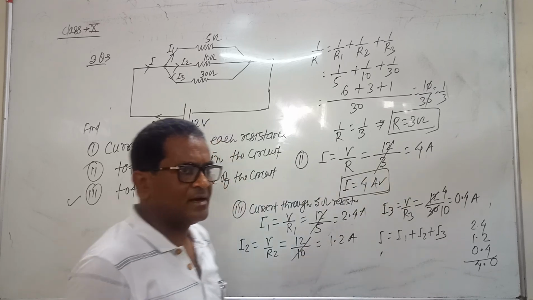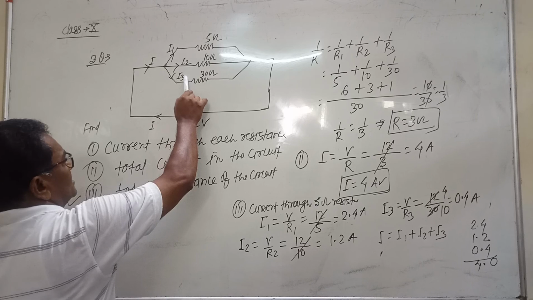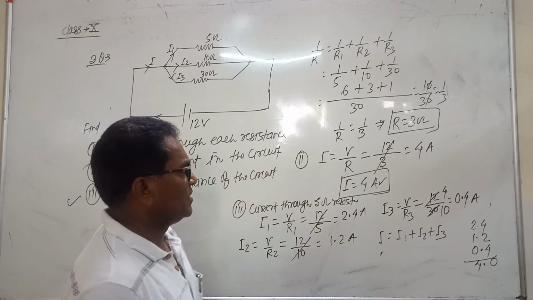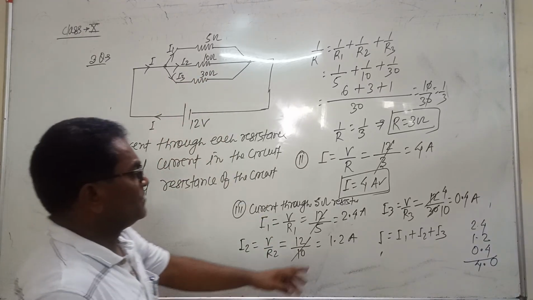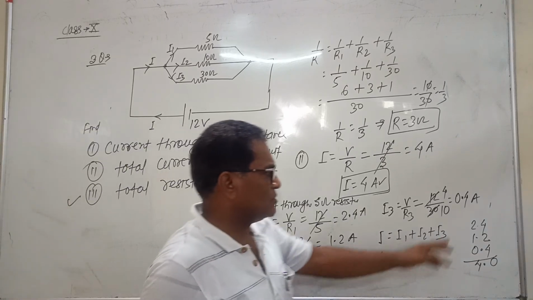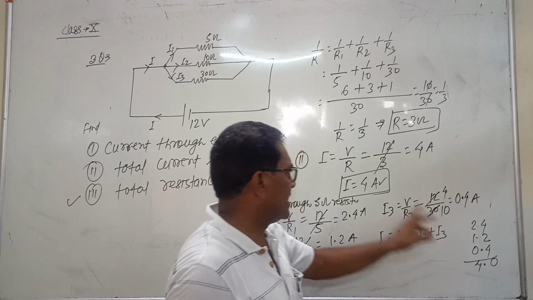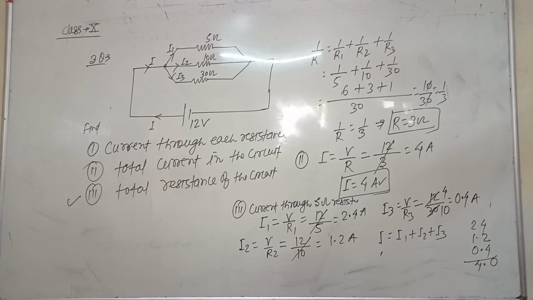So the total current comes to be 4 ampere. The currents through the resistances are I1 equals V by R1, 2.4 ampere, I2 equals V by R2, 1.2 ampere, and I3 equals V by R3, 0.4 ampere. When we add all three currents, we get the total current in the circuit, 4 ampere.